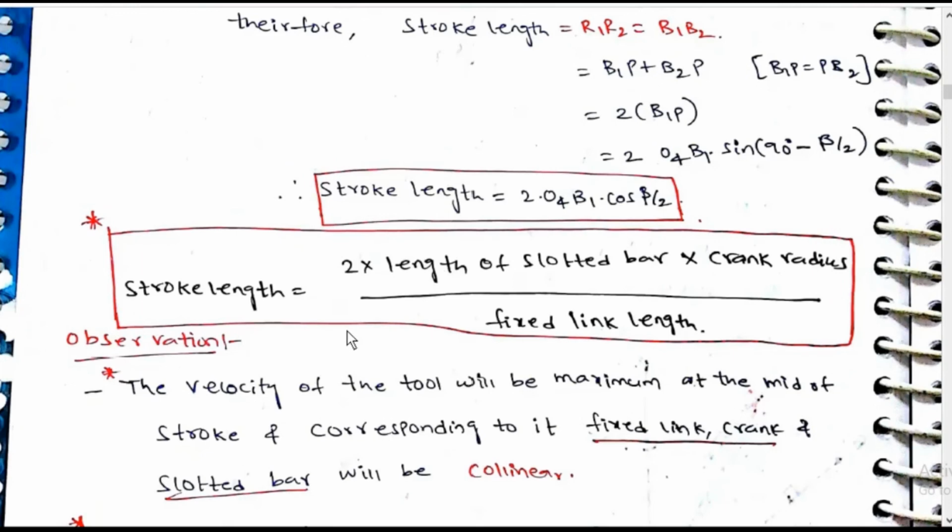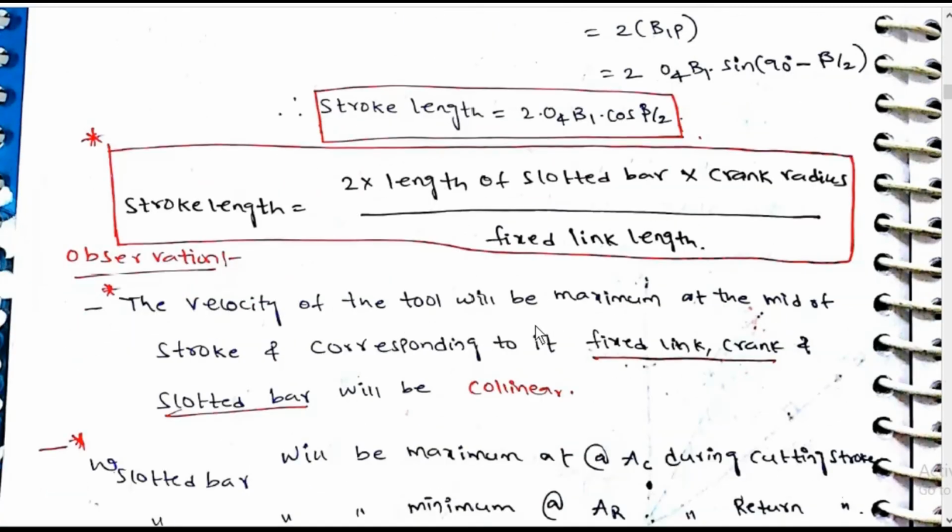Stroke length is equal to 2 into length of slotted bar into crank radius by fixed link length. O4B1 is the slotted link length, and cos beta by 2 is crank radius by fixed link.